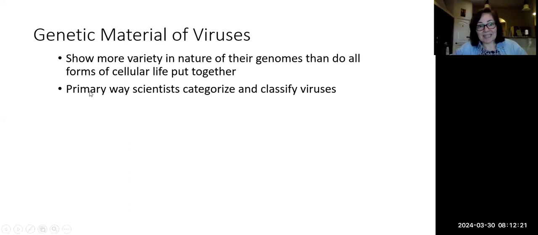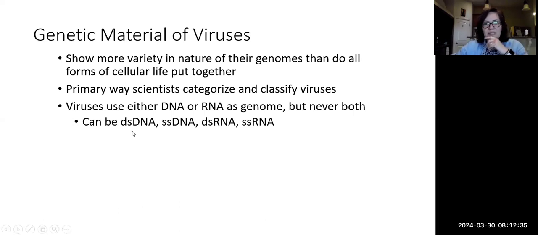So instead, what scientists do is categorize the viruses based on what kind of genetic information they are carrying. Is it DNA? Is it RNA? Is it double-stranded or is it single-stranded? A particular virus will use either DNA or RNA, but not both.